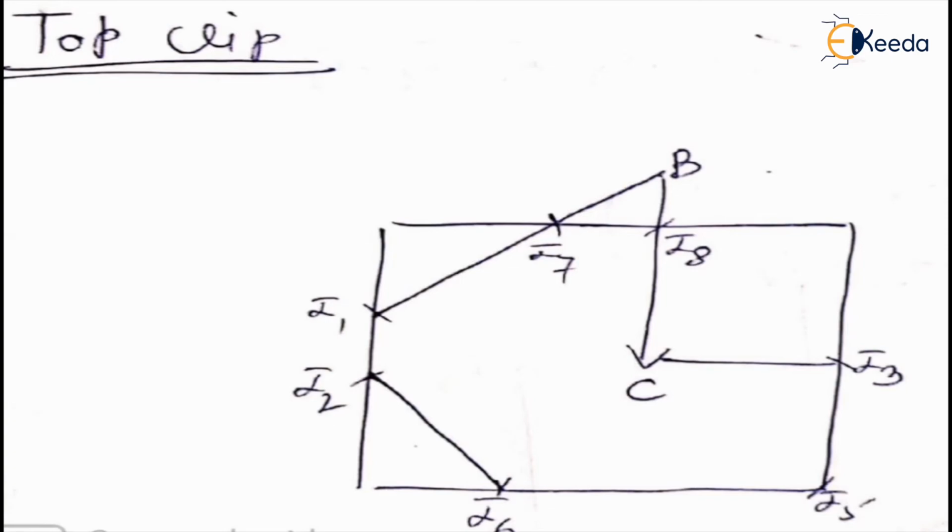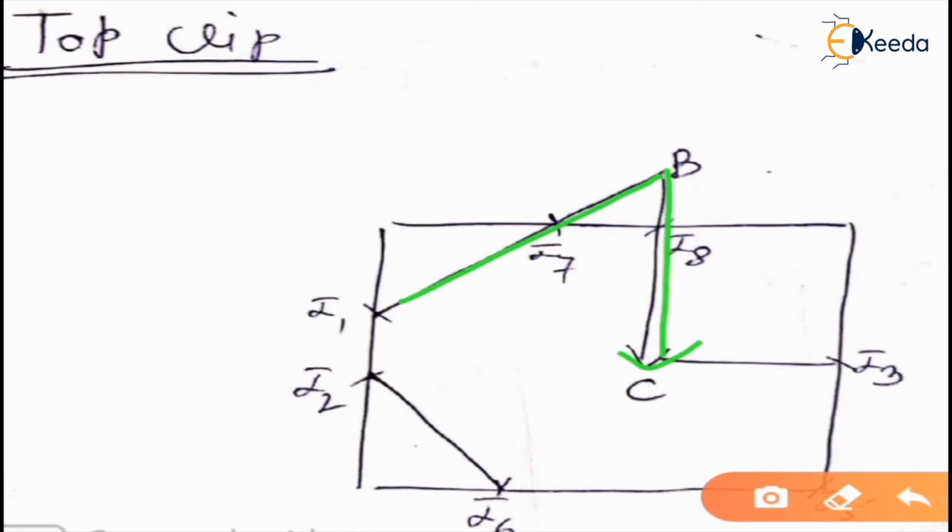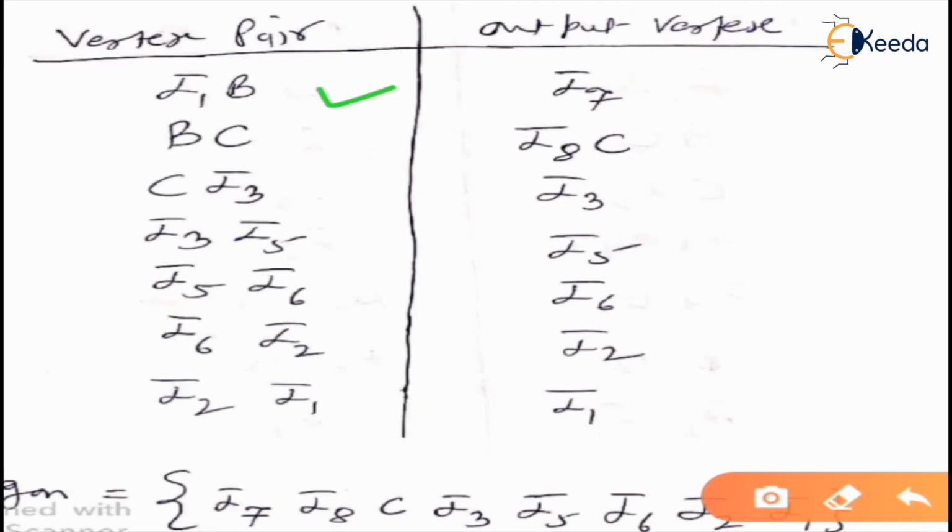Now in the last step we clip from the top side. This time we are interested in clipping I1B and BC. For the rest we store only the second coordinate in the output vertices. Here we check the vertex pair and output vertex. For I1B, the new intersection point I7 will be stored.